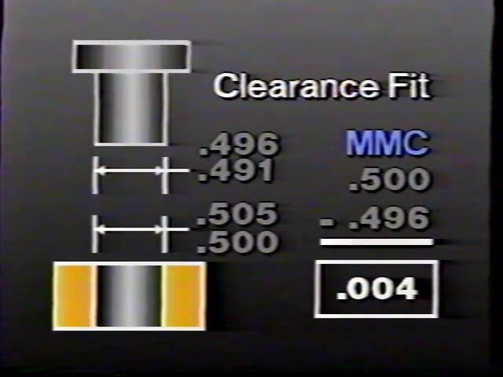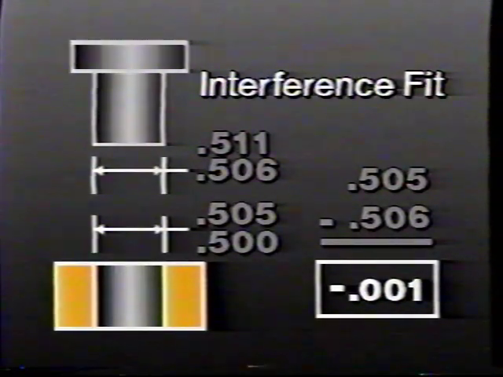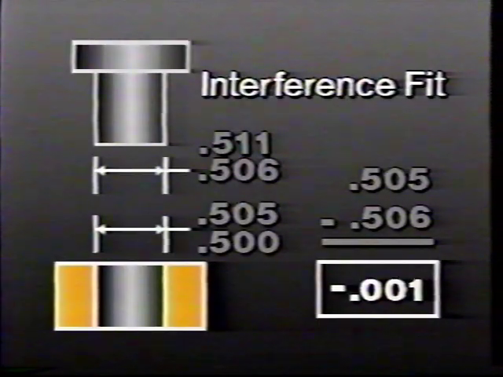With a clearance fit, mating features can be assembled regardless of their material condition. In a transition fit, features have no clearance in their maximum material condition, but do have clearance as they approach their least material condition. With an interference fit, there is no clearance between mating features regardless of their material condition.